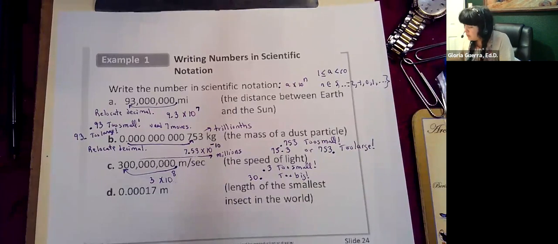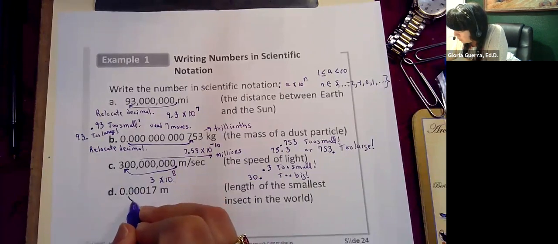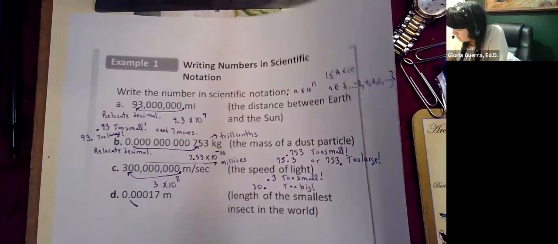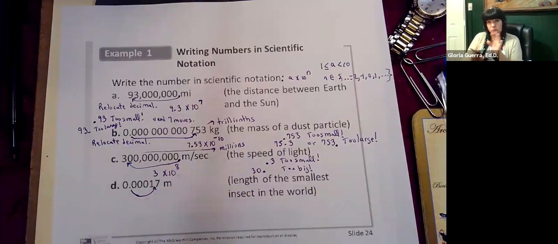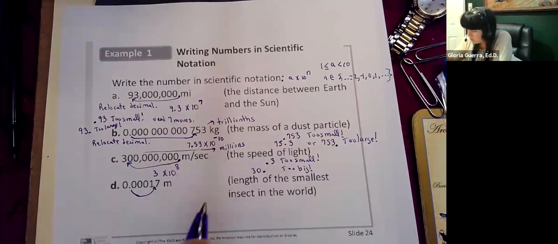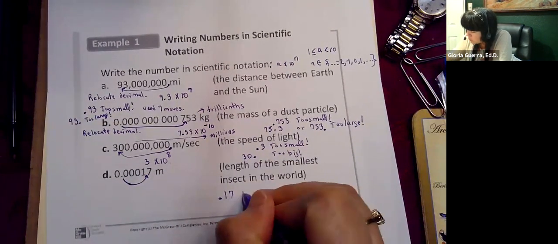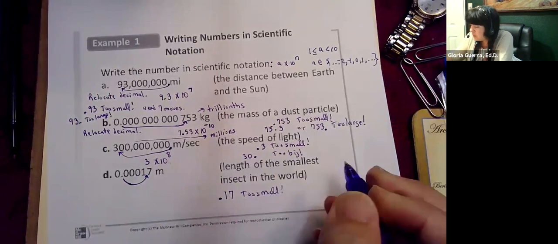Okay, and then D, we're going to move the decimal point all the way. You wanted a number between 1 and 10. So you could move it right here between the 1 and the 7. There should always be just one good spot to move it. If you move it in front of the 1, that's too small, because that's like 17 cents.